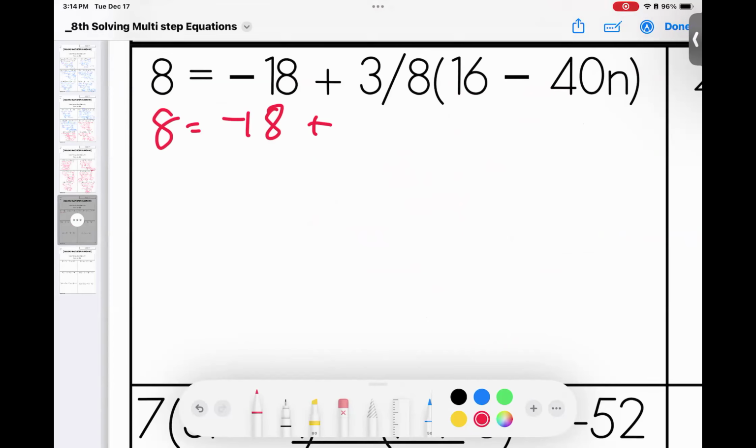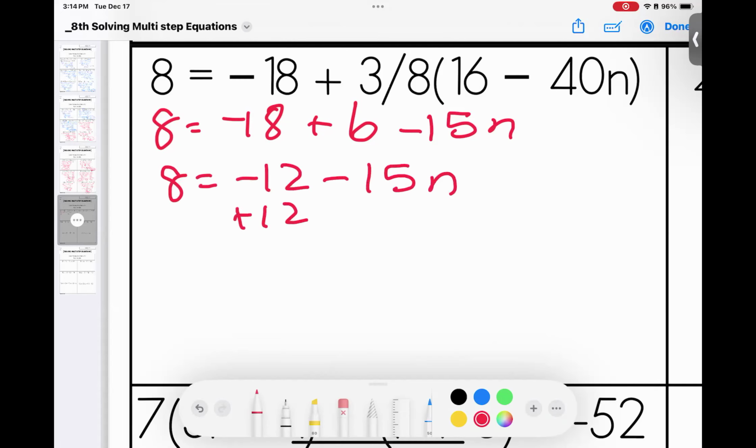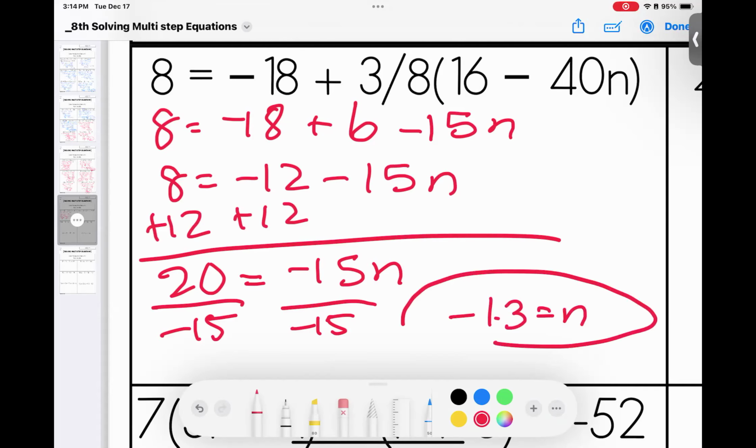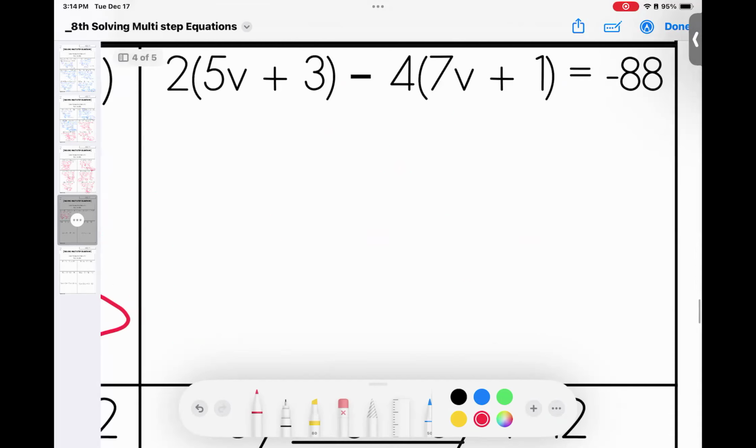So 3/8 of 16 is 6, 3/8 of 40 is 15, but make it negative. 8 is equal to negative 12 minus 15n. Adding 12 to both sides. 20 is equal to negative 15n. Dividing, we end up with negative 1.3 is equal to n.